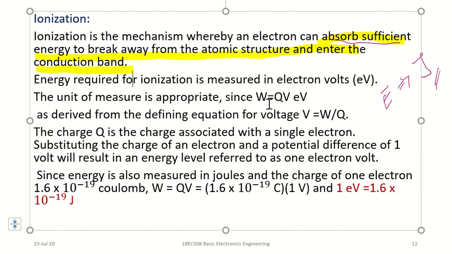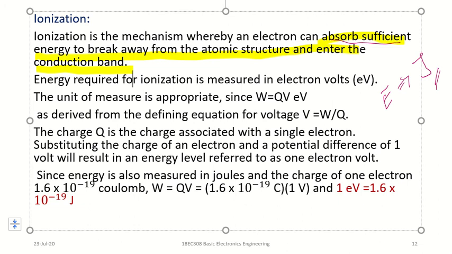We know what is energy, and we know what is voltage: energy required to move a charge, W by Q. From this I can say W equals QV. What is Q? Q is charge. What is the charge of 1 electron? It is 1.6 into 10 power minus 19 coulomb, and for 1 volt it is 1.